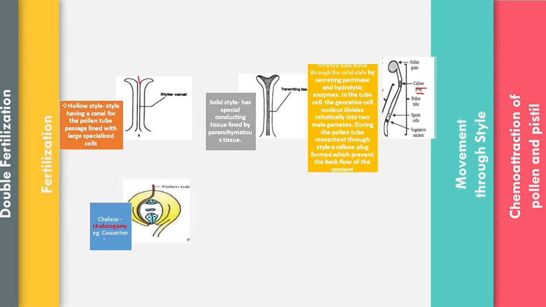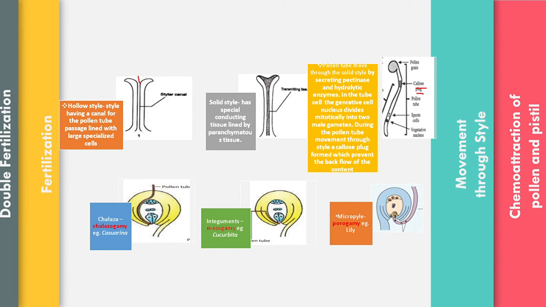Example is Casuarina. And when the pollen tube enters through the integuments, that condition is known as mesogamy. Example is the Cucurbita family.